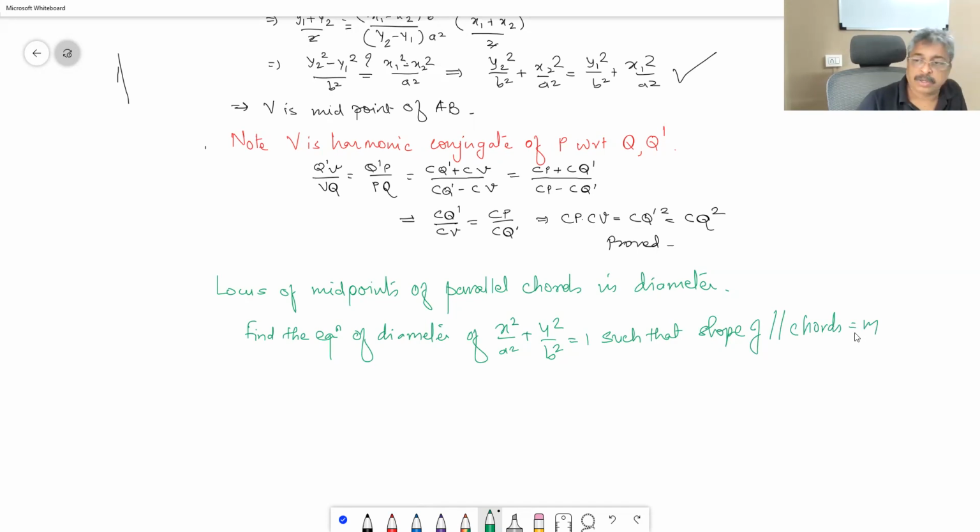Slope of parallel chords is m. Then what is the equation of the diameter?